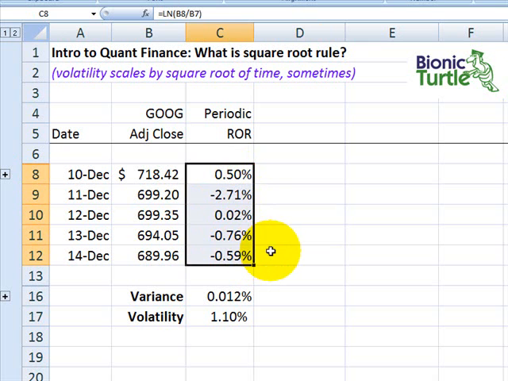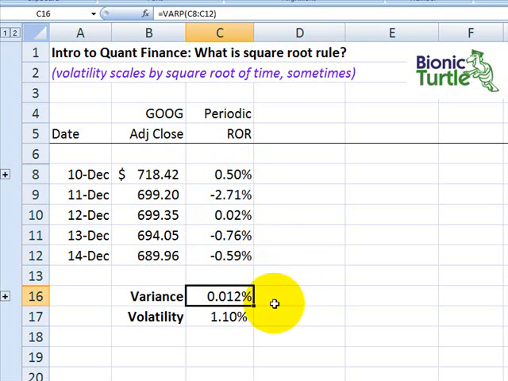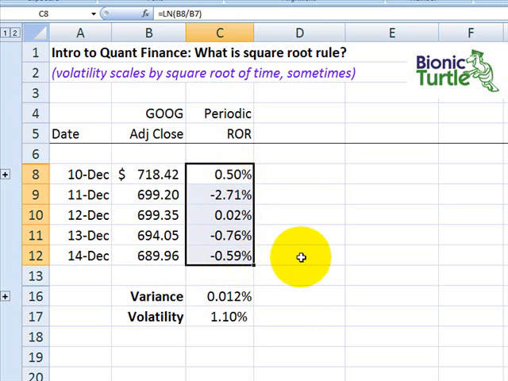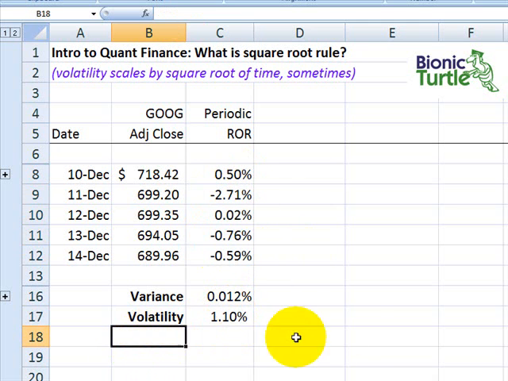Previously I used the daily rates of return to compute the daily variance, and then of course I took the square root of the variance to get the daily volatility, measured over this short historical series of 5 days. Now let me calculate the value at risk.